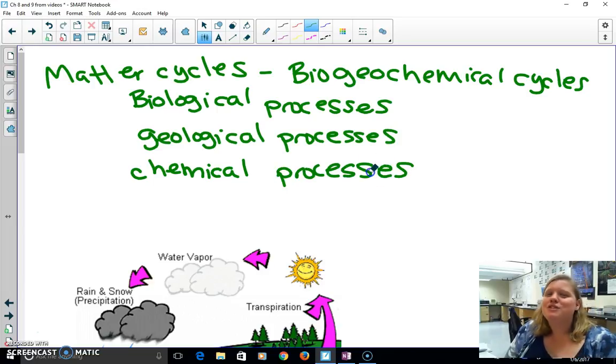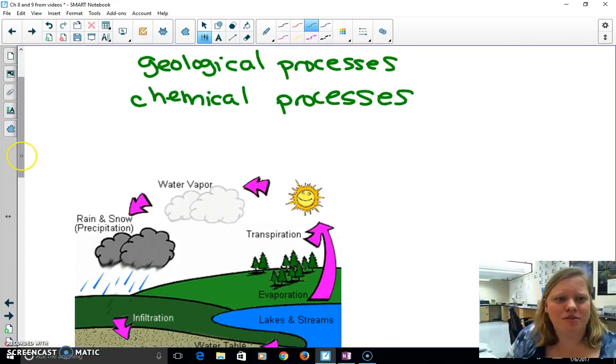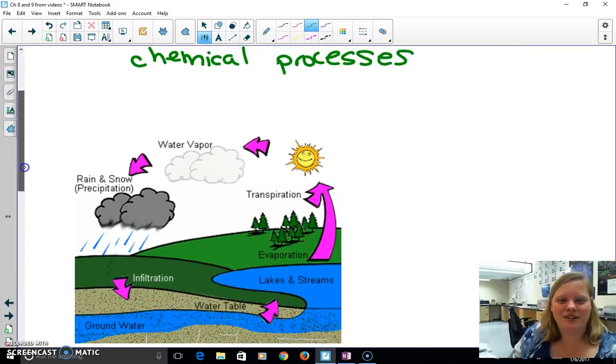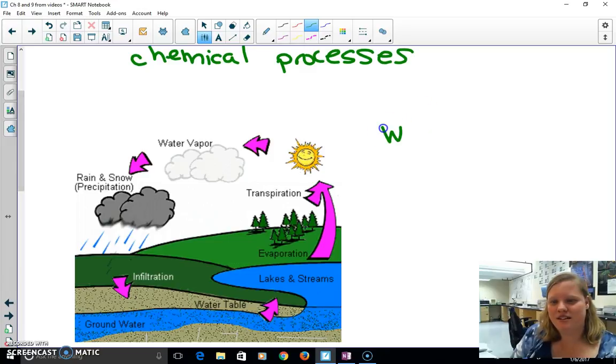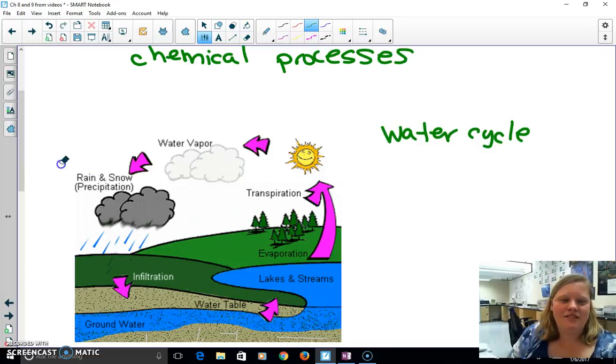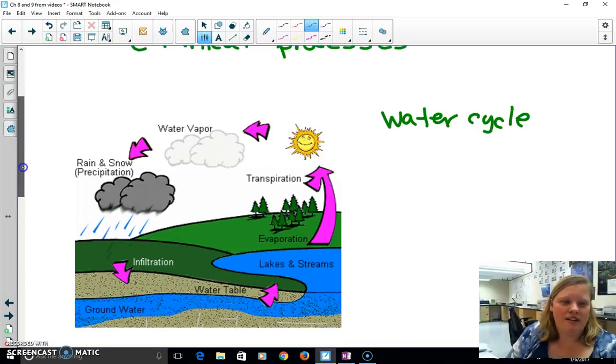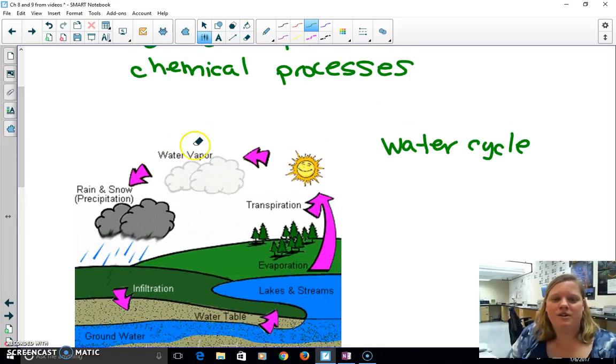So the most common cycle that you have talked about or know about is the water cycle. So let's go back to elementary school for a minute and review the water cycle. So this is the water cycle. If you remember, let's say we start with water vapor here in the atmosphere.